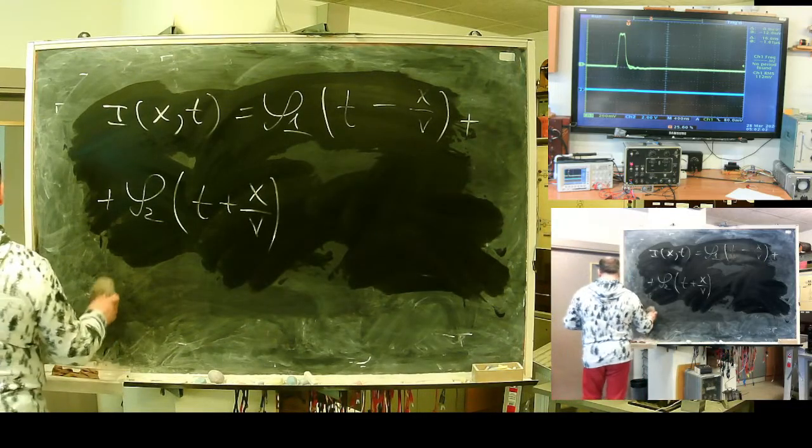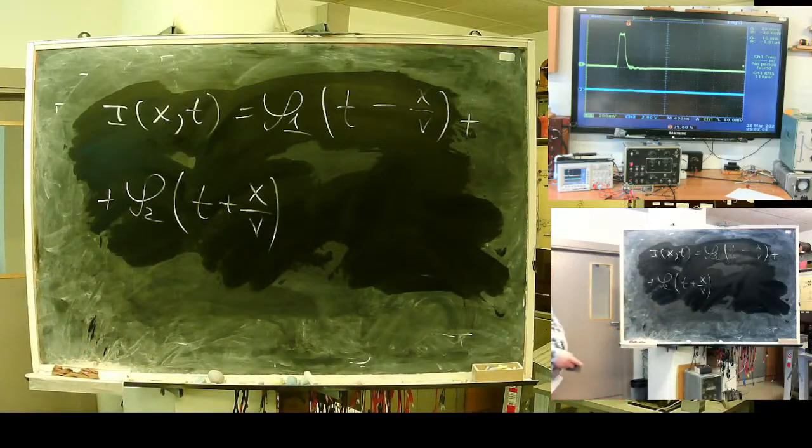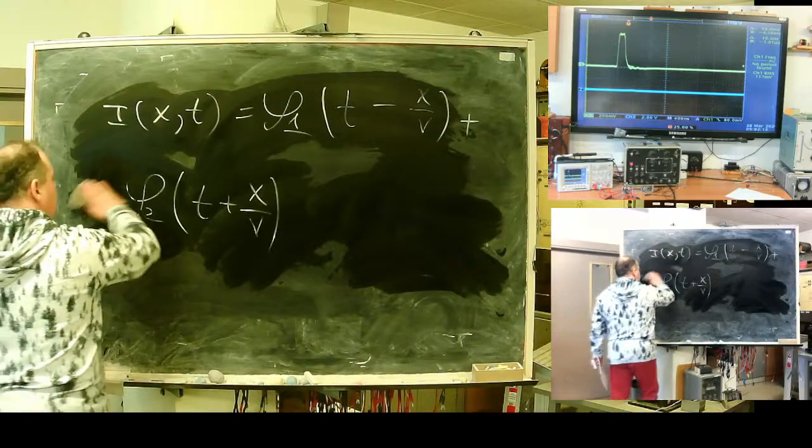This is the equation for current. Again, I will repeat, phi1 is a wave going forward, phi2 is the backward or returning wave.